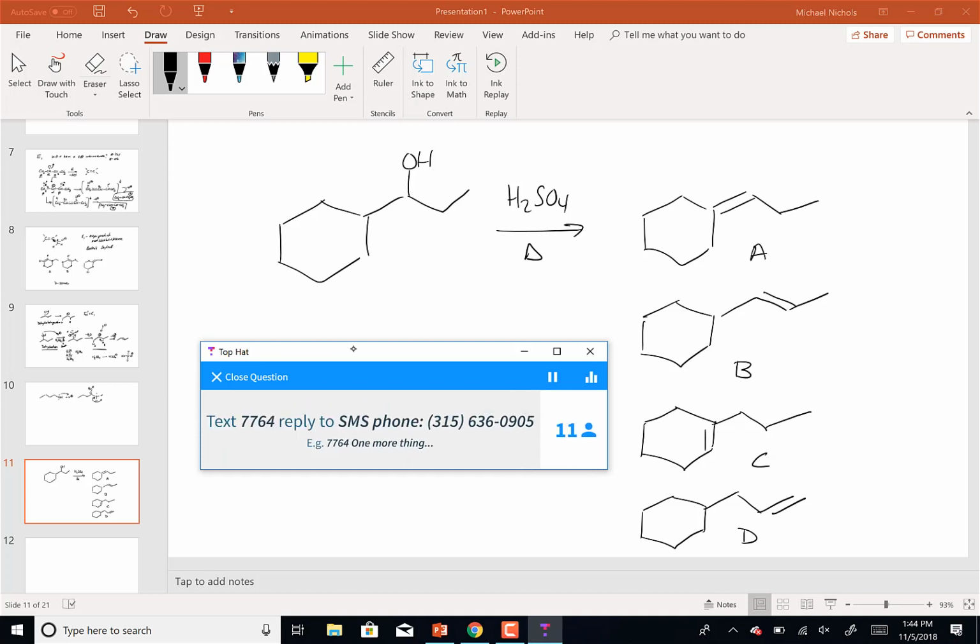My other choice is to go A and B, A and C, A and D, B and C, B and D, A, B, C, A, B, D. And we'll get to those problems where I've done that, but this is a little more flexible. So no rearrangement, what's the major product?